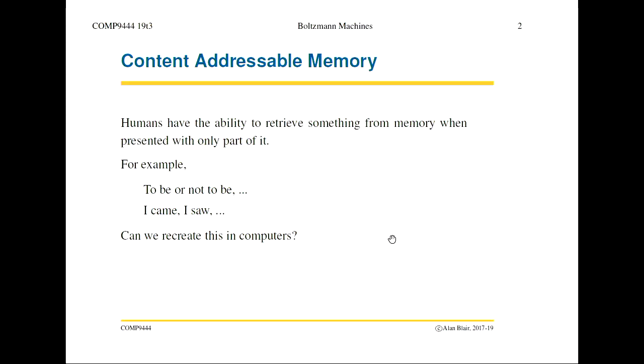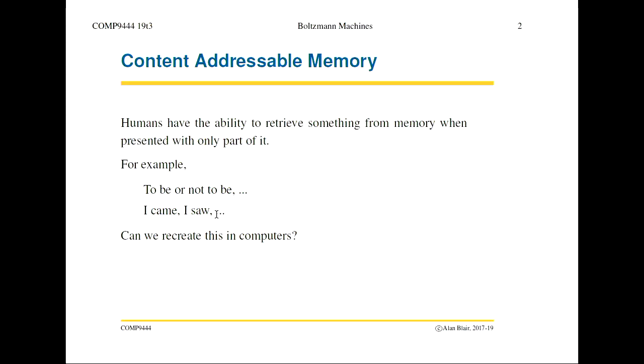And the start of famous phrases always brings to mind the rest of the phrase, at least if you've studied literature in an English-speaking country. To be or not to be, that is the question, a very famous line from Hamlet. And this was a phrase from Julius Caesar: I came, I saw, I conquered, his description of his Gallic campaigns.